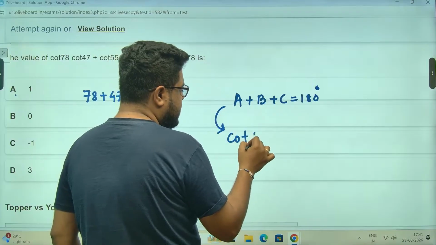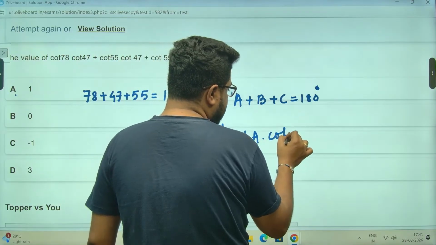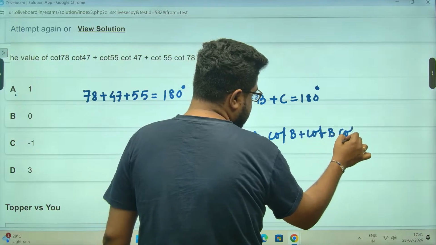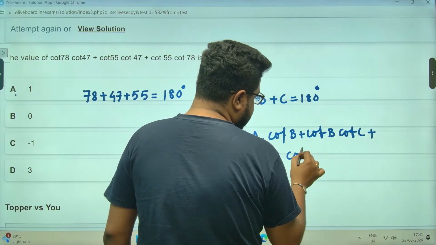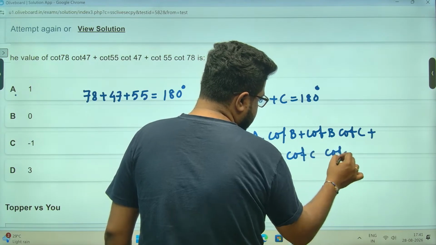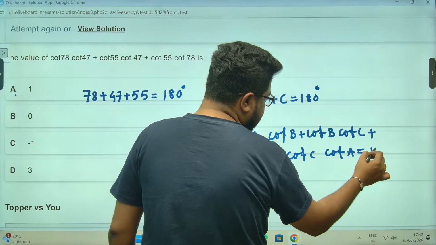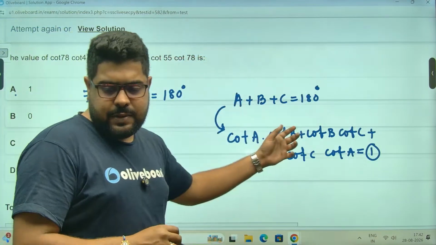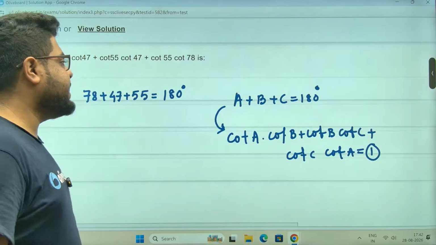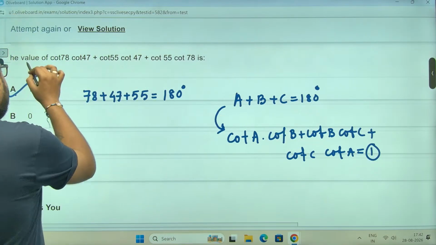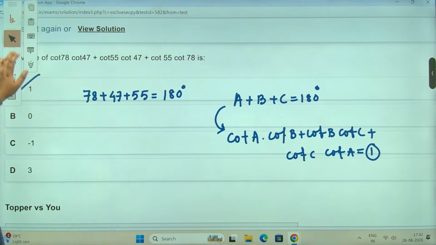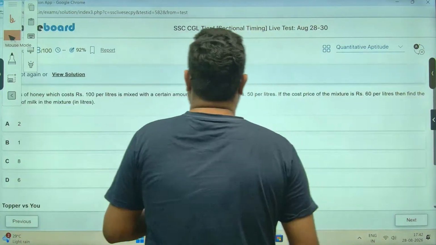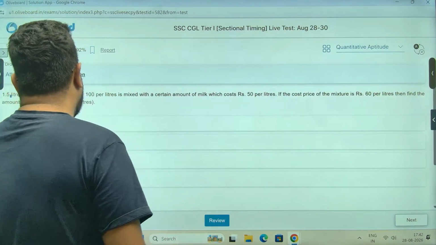Then, sir, cot A cot B plus cot B cot C plus cot C cot A is equal to 1. You can do the same thing for tan as well, but for tan, A plus B plus C must be 90 degrees, sir. So option A, 1, is the correct answer. You do not need to solve this, sir. This can be said directly.